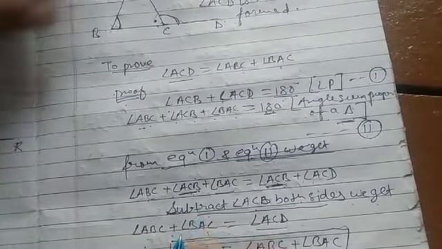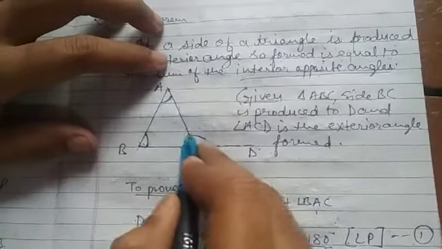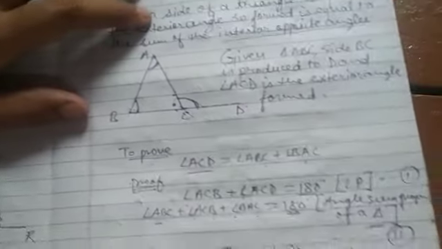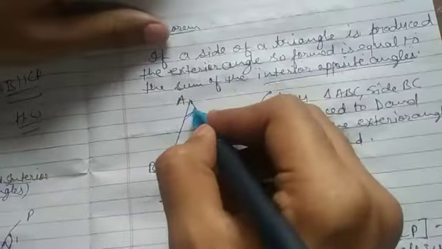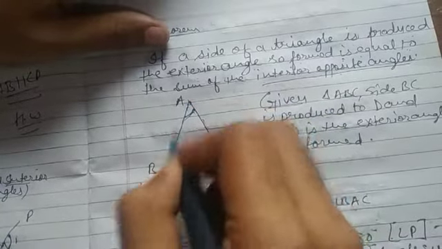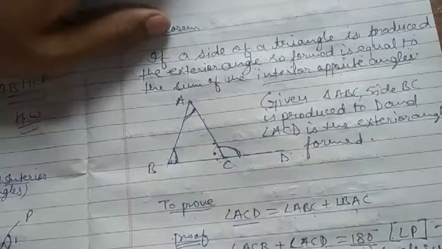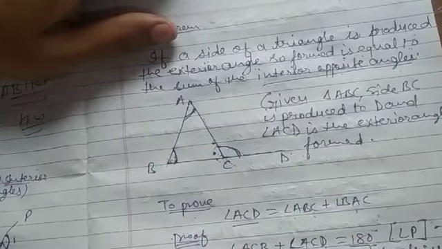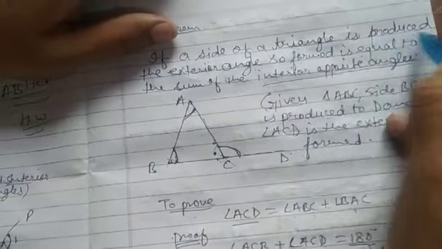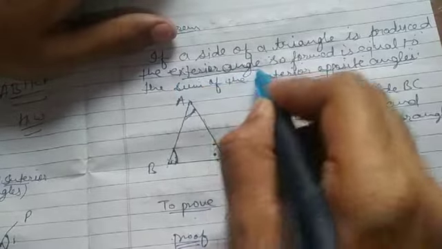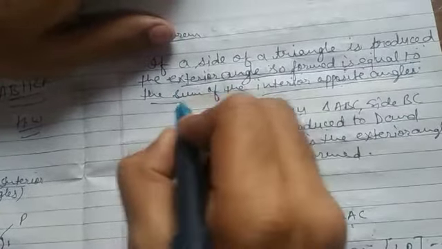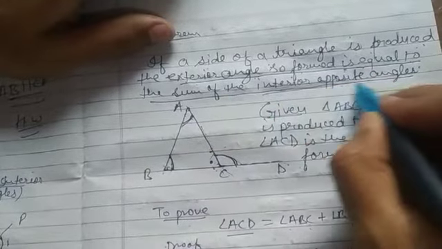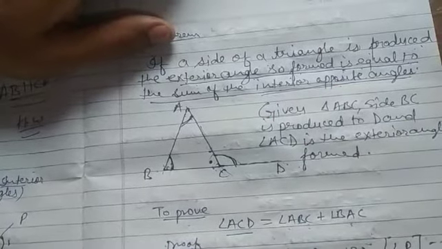Just see here, ACD is our exterior angle, and ABC and BAC are our interior opposite angles. Hence we have proved that if a side of a triangle is produced, the exterior angle so formed is equal to the sum of the interior opposite angles.